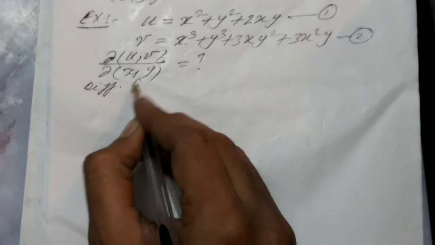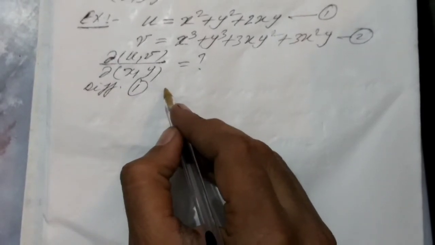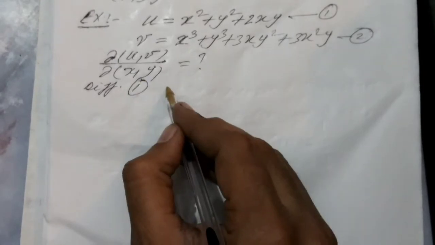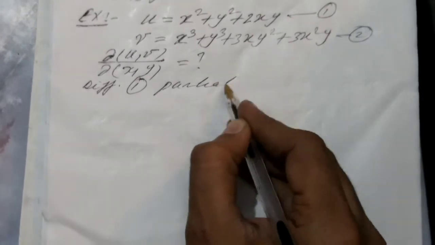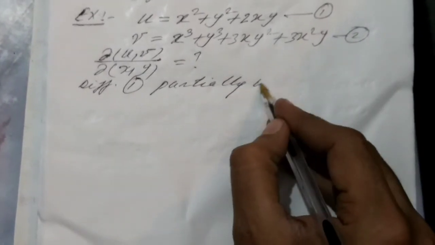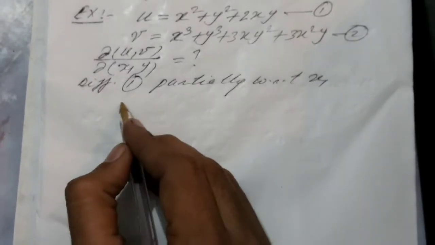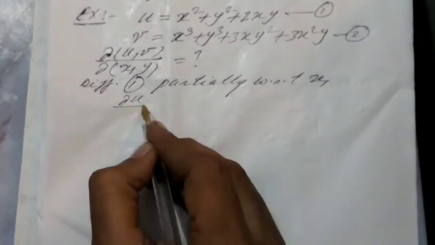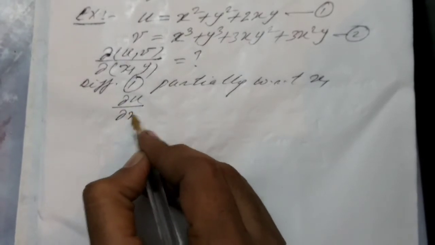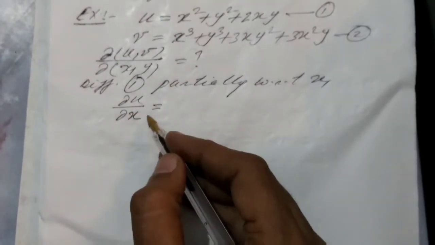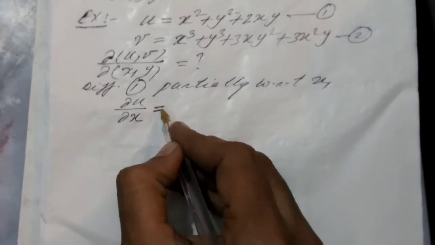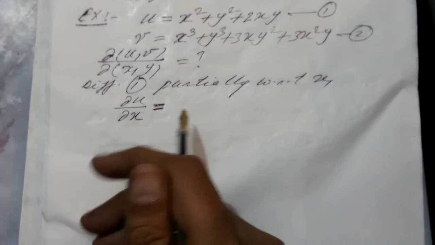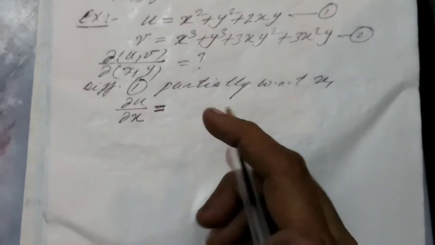Differentiating 1 partially with respect to x, we get del u upon del x, that is the partial differential of u with respect to x, and this is the differential of u taking x as variable and y as constant.